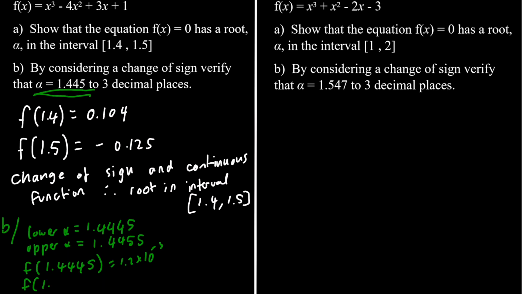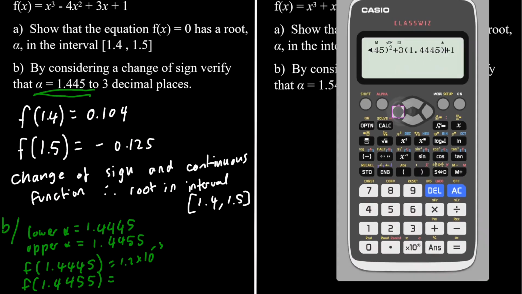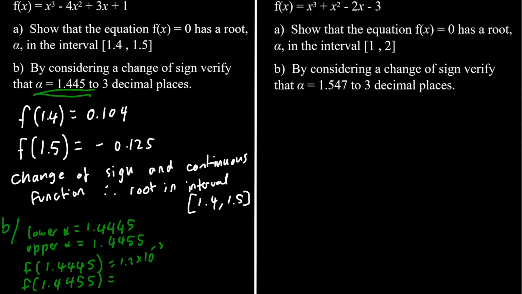And then f of 1.4455 gives negative 1.1 times 10 to the power of negative 3. So again, we can see we've got a change of sign and a continuous function. Therefore, the root is, therefore, alpha equals 1.445 to 3 decimal places.